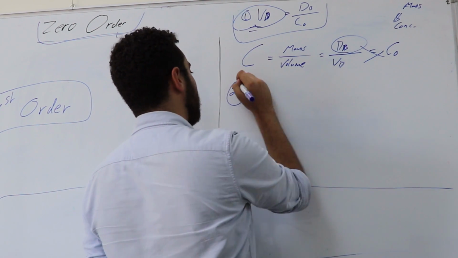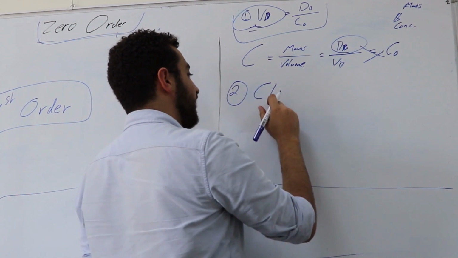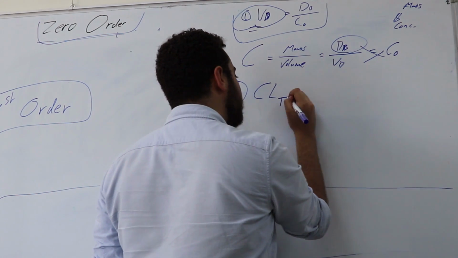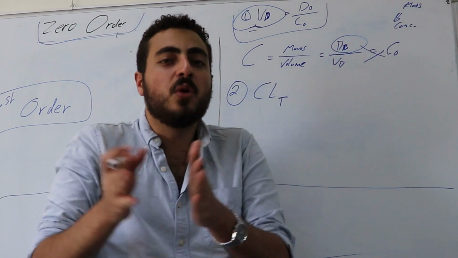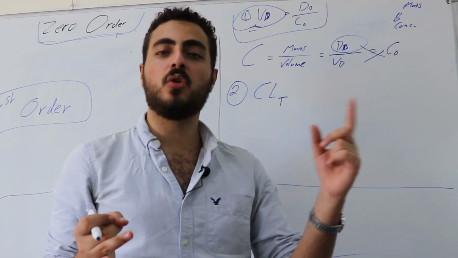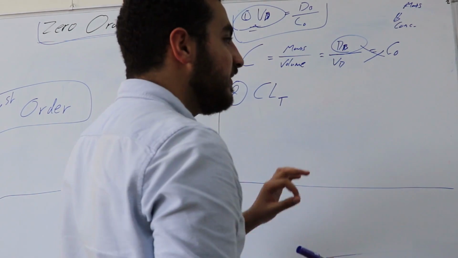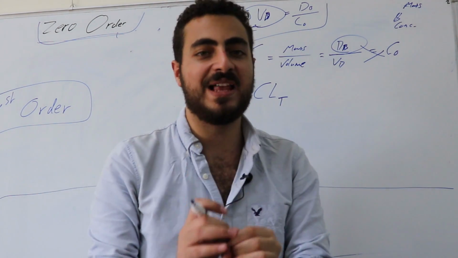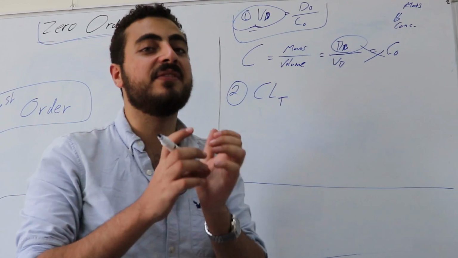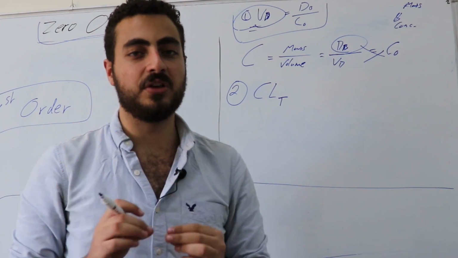So the second thing you would want to know is the clearance. The clearance, especially the total body clearance, is the total amount of drug cleared by the body, be it by elimination or by metabolism. And this is, at least in definition, the amount of plasma cleared of a drug in a specific unit of time.